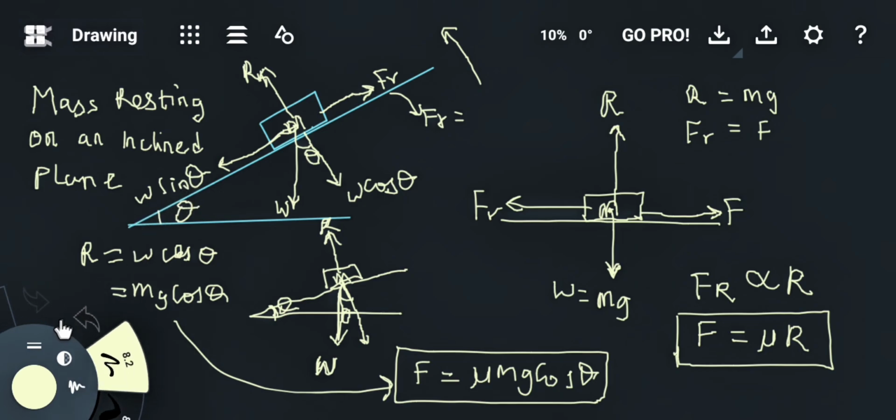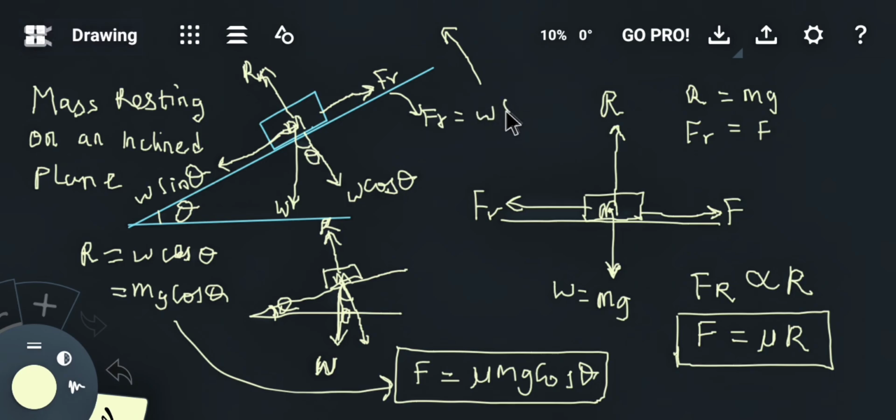Okay, so if we pull that up, we can see that the frictional force can also be seen as the weight sine theta. And when we simplify that, we will see that the frictional force is mg sine theta. So this is the situation whereby the frictional force is equivalent to the weight that is going to push this mass to move downward.